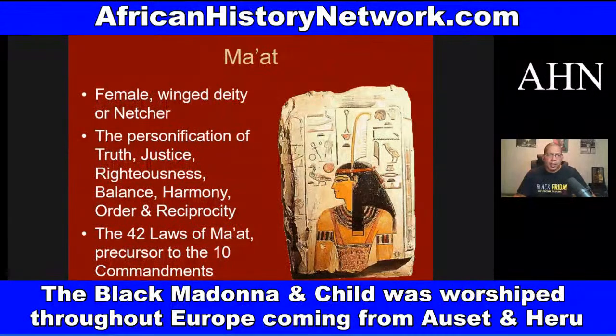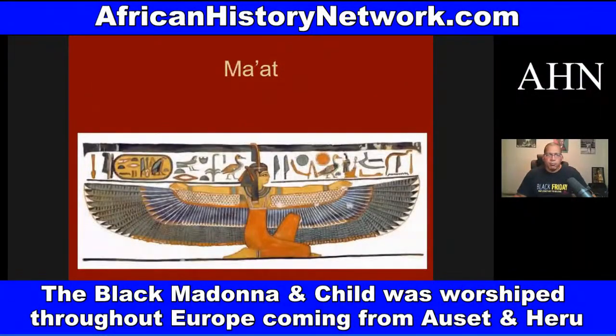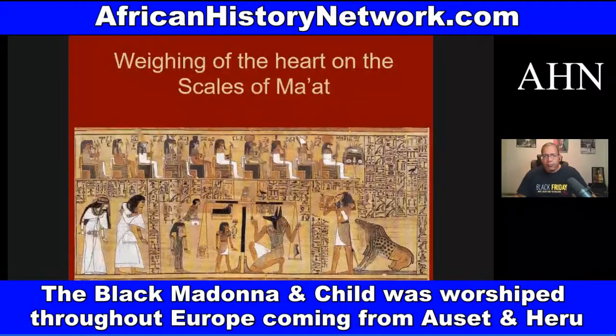And Ma'at was depicted as a female deity with wings, and she had an ostrich feather in her headband. And you have the famous scene, the judgment scene. So when you die, your heart was weighed against the feather of Ma'at. Your heart was weighed against the essence of a woman on the scales of Ma'at. Okay, that's the judgment scene.